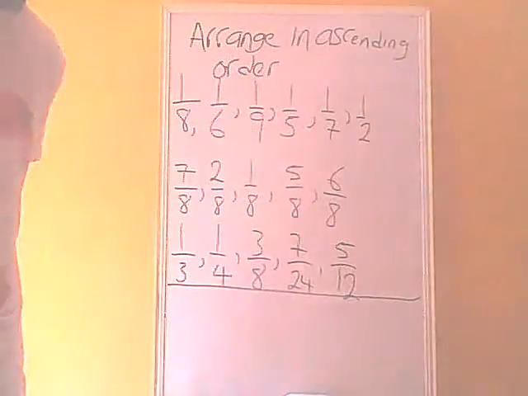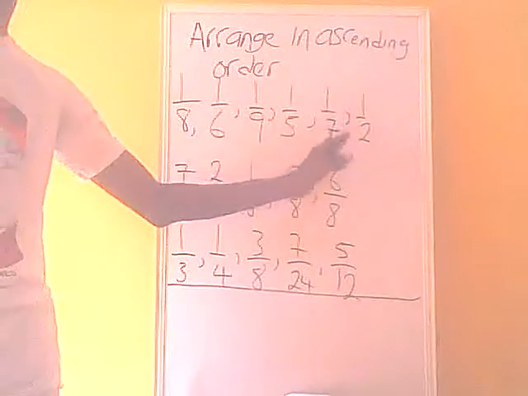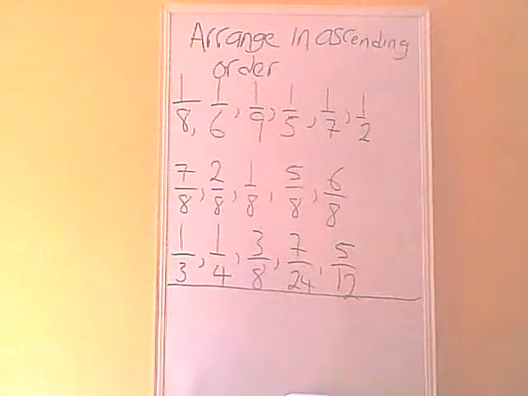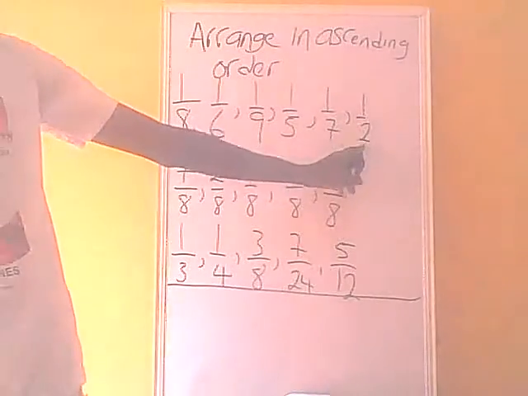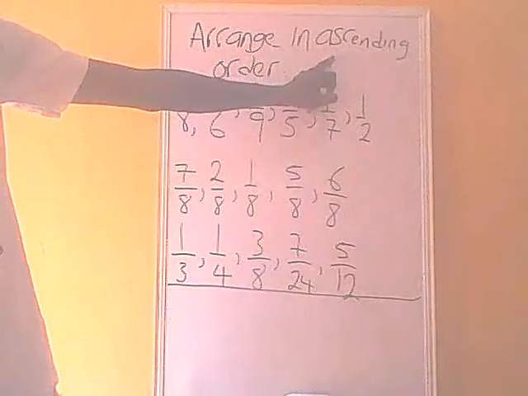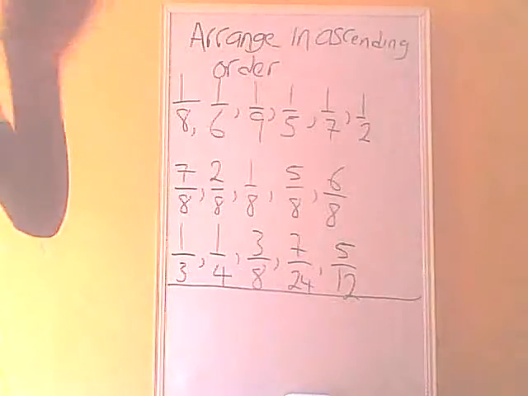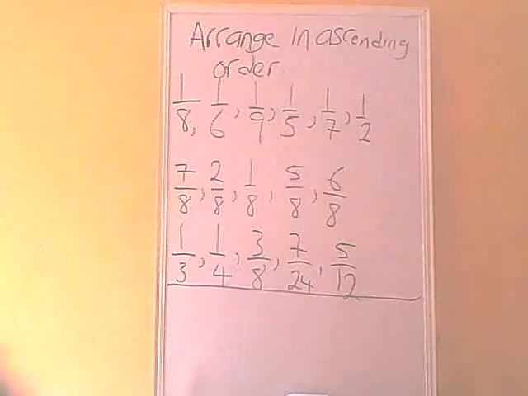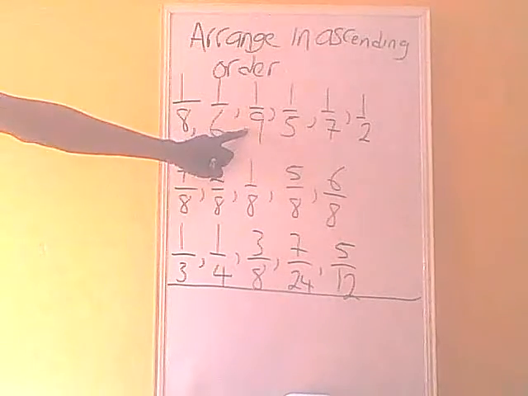Who eats more? 1 pizza for 2. These people will get the lion's share. So the biggest fraction here is 1 over 2. But we are arranging the fractions in ascending order, that means from the smallest to the biggest, and we know that the biggest denominator is the smallest fraction.